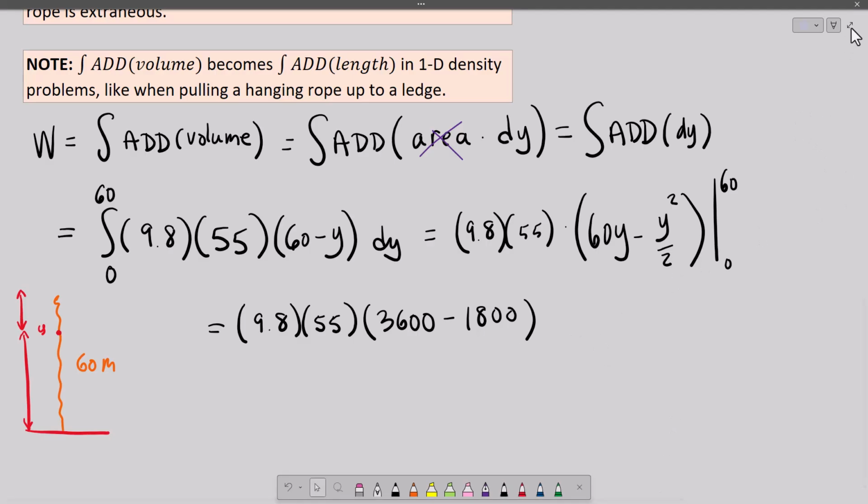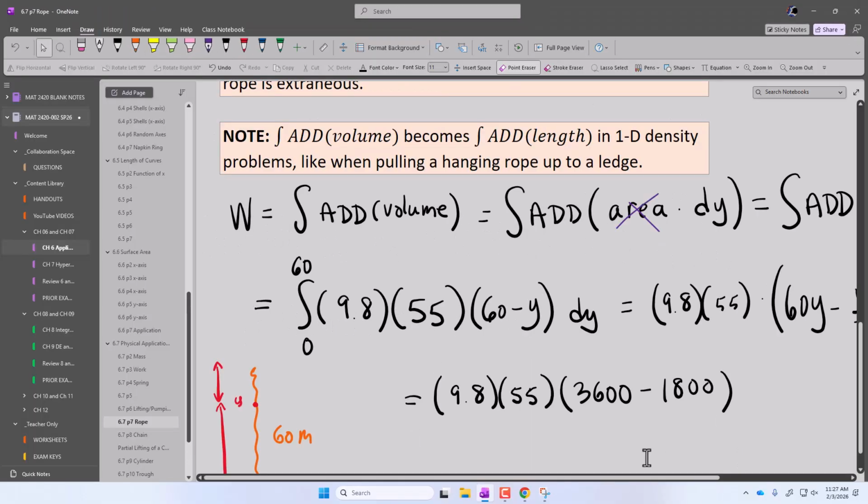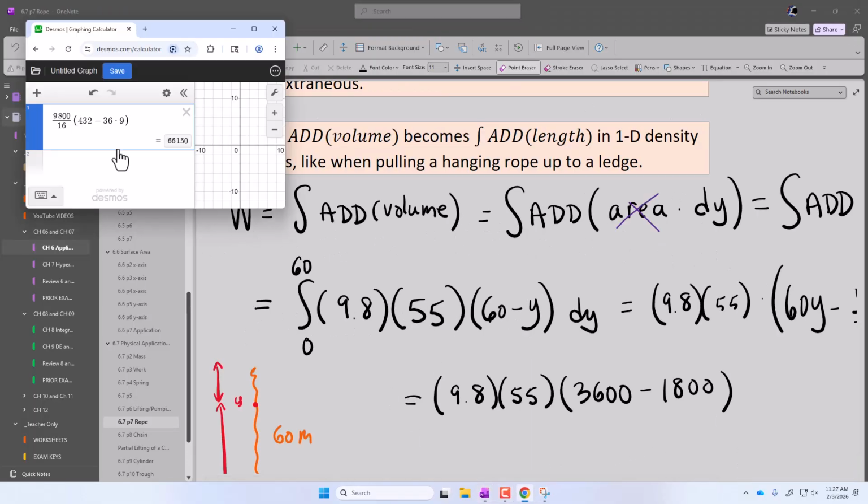So all we have to do is multiply that stuff together. So we're going to have 9.8 times 55 times 1,800.